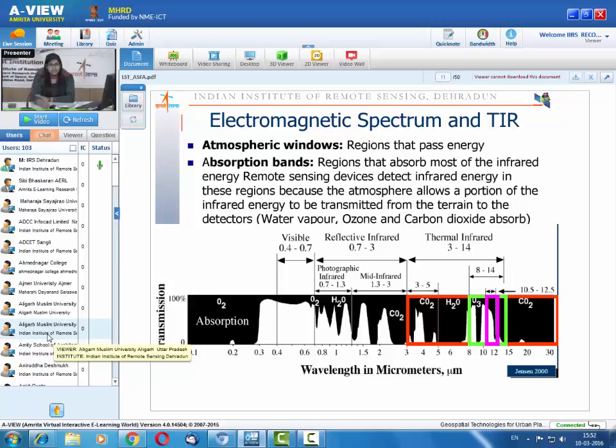The absorption bands are regions that absorb most of the infrared energy. Remote sensing devices detect infrared energy in the windows because the atmosphere allows a portion of the infrared energy to be transmitted from the terrain to the detectors, and the attenuations are least.